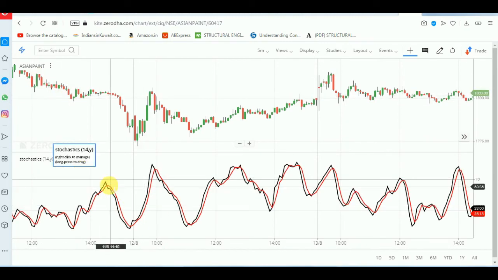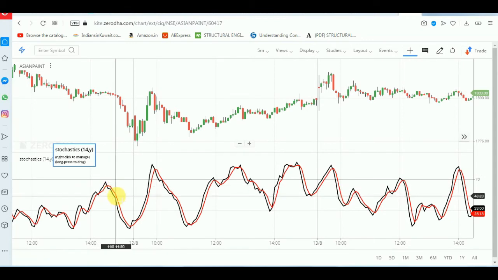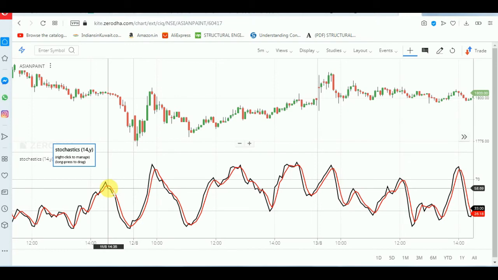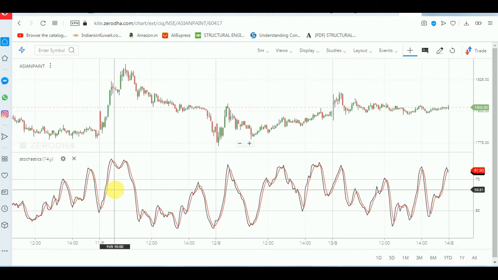So whenever this black and red line have a smooth movement, then only the price action will also move along with the stochastic, or this stochastic indicates the price movement correctly. If it is having so much disturbance, we need to consider that the price action will not have a good movement.